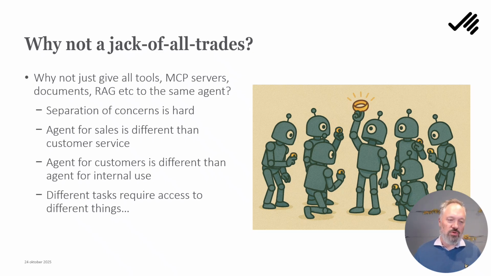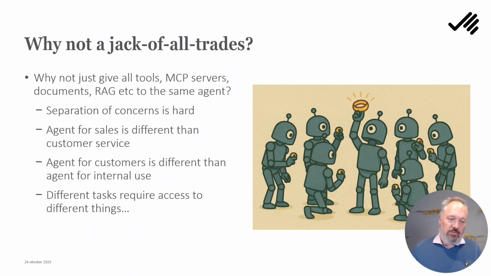An agent that's customer facing is of course also very different from an agent that's used internally, because they may need to have harder separation between different customers. So there's no data leakage from one customer to the other when you're using it externally, but internally that is maybe not as big of a problem. So you can handle that a bit more.